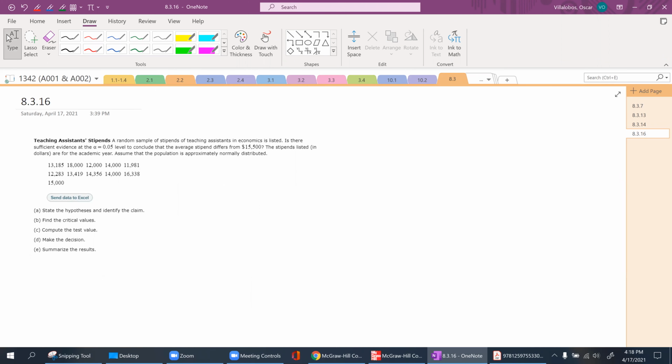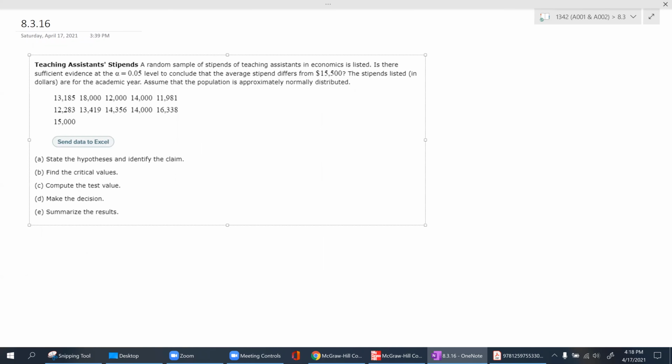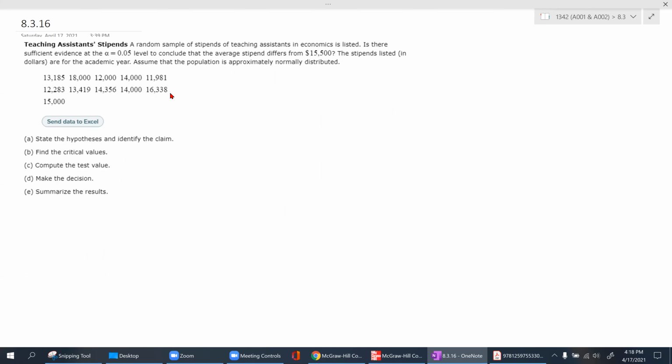And last but not least, what do we have here? 8.3.16. I'm going to make that a little bit bigger. A random sample of stipends of teaching assistants in economics is listed.